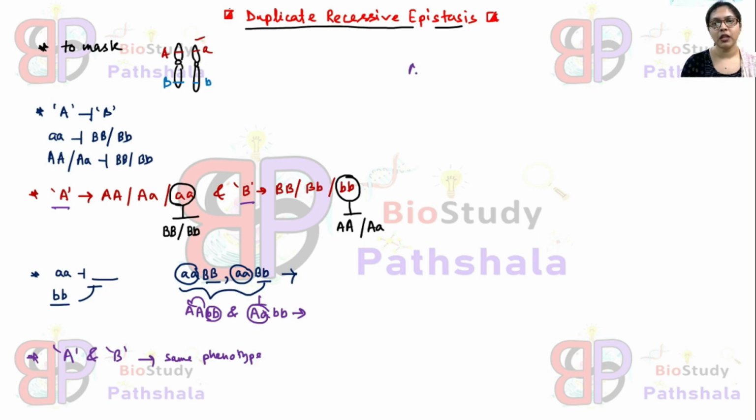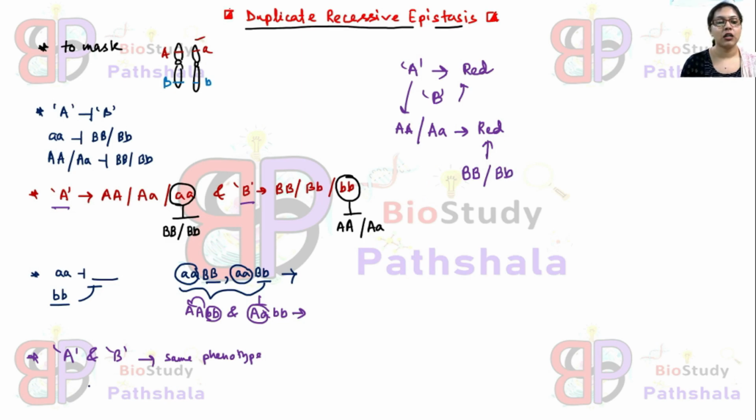For example, A gene will result formation of red coloration. That means B gene will follow the same pathway to give rise the red coloration, and the genotype of A gene that are capital A capital A or capital A small a will result the red coloration, and the homozygous dominant condition of B gene and the heterozygous condition of B gene will lead to formation of red coloration.